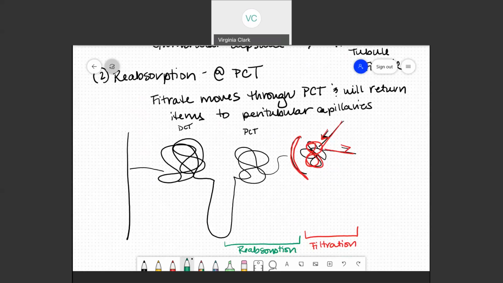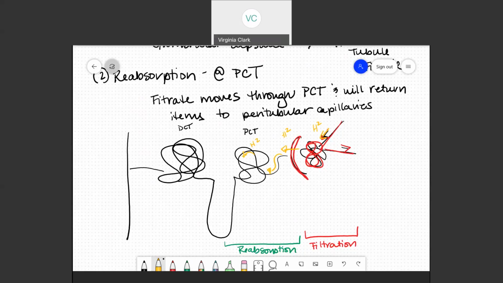And what I mean when filtrate moves through the PCT and will return items to the peritubular capillaries is that as things are filtered out over here, and it comes through here, and then it goes through this process. Let's say that what we filtered out right here was a hydrogen ion, and then now we're here in our PCT and it's a hydrogen ion.